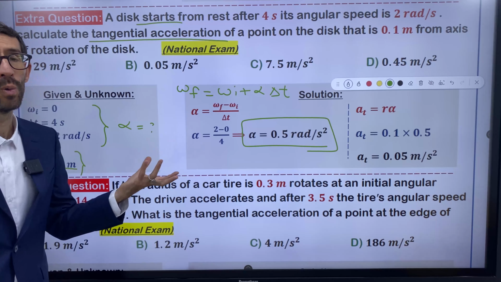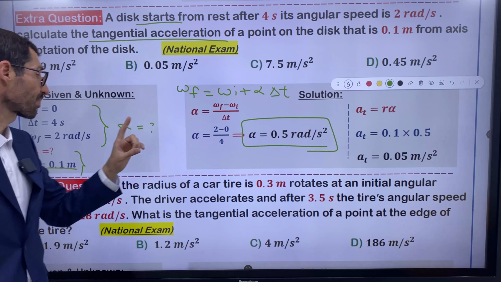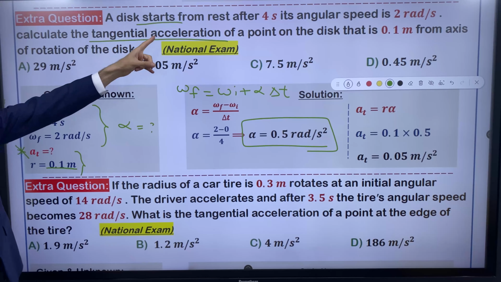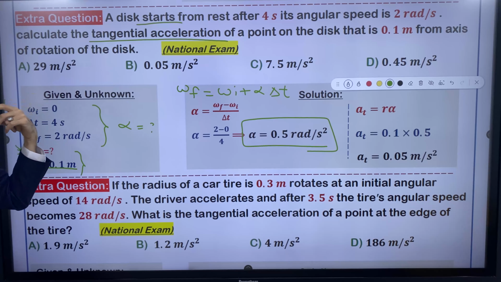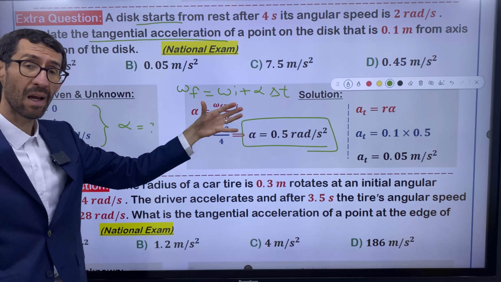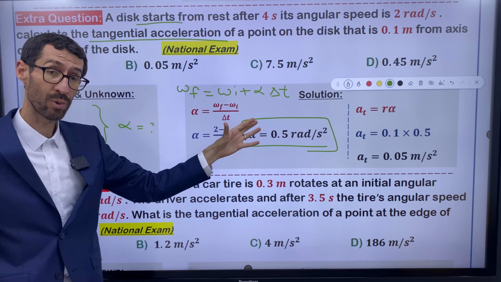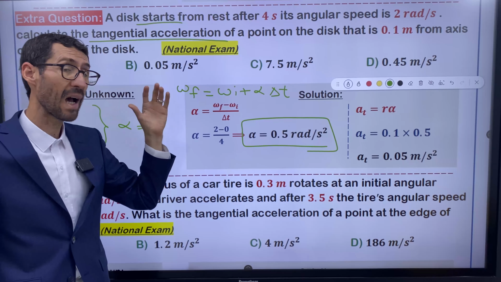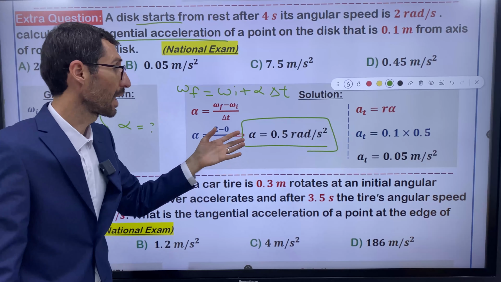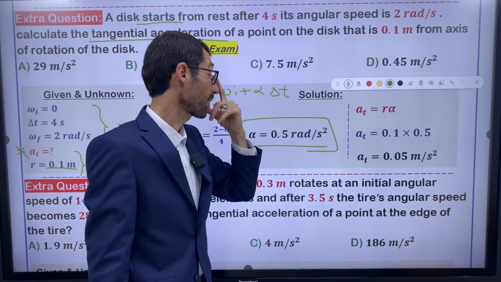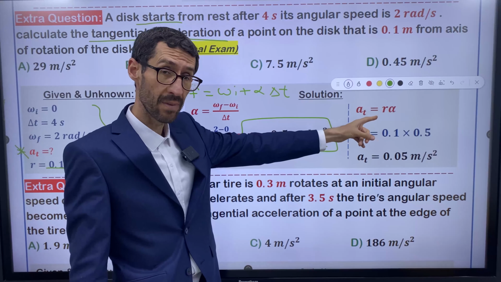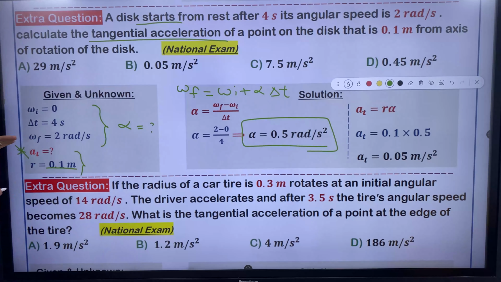Are we done? No. Because it says find the tangential acceleration, AT, not alpha. We have already found alpha, but we have one more step. AT is equal to R alpha. Now focus on the part that I told you to ignore.